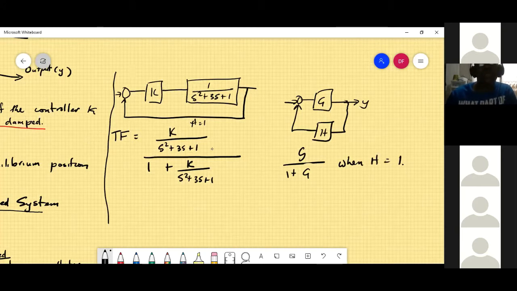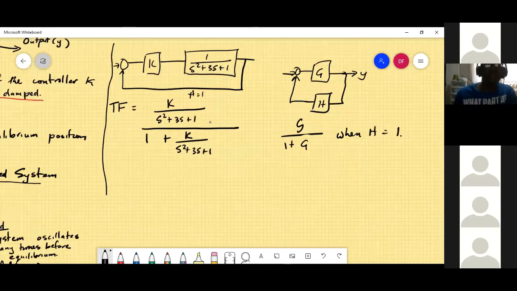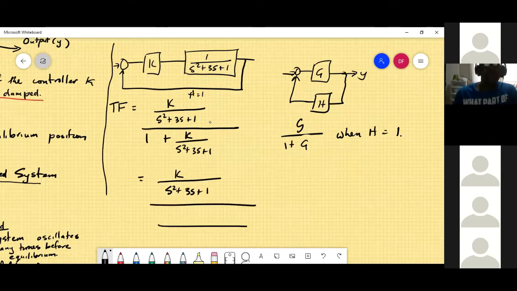All right, so if we simplify this, it's K over S squared plus 3S plus 1, all over S squared plus 3S plus 1 plus K over S squared plus 3S plus 1. These cancel.